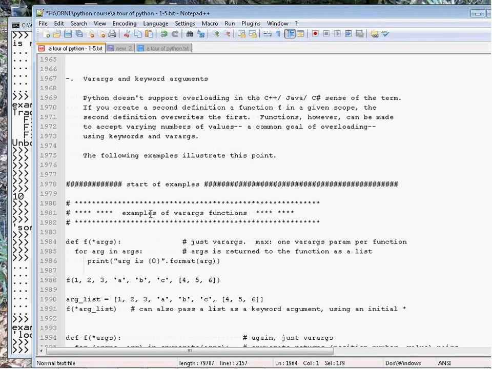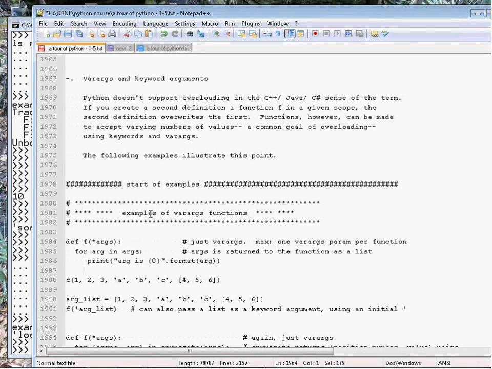Okay, so this will work next week. Varargs and keyword arguments, and before we get out of functions, varargs and keyword arguments and lambdas, and then we'll finally be out of the material on functions.